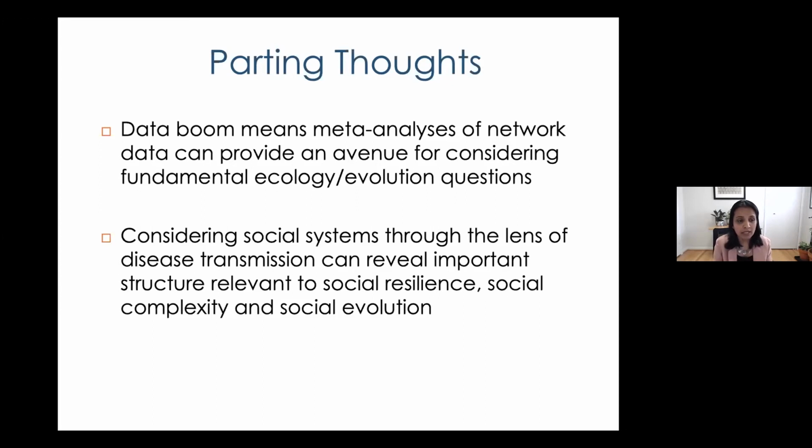Considering social systems through the lens of disease transmission can really reveal important structures. So I'm hoping that those of you who study social systems but aren't necessarily interested in diseases might still consider them, because that lens can help us think about social resilience, social complexity, and social evolution at its core. And certainly in a post-COVID era, I think this will be particularly relevant and necessary.